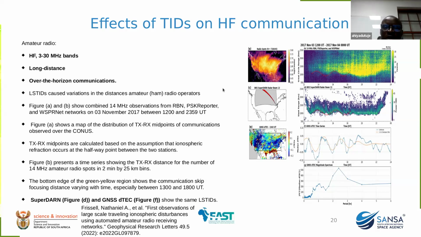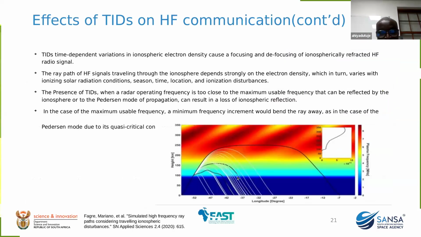You may have your radio trying to call someone, but when there is a wave passing, your signals may not reach that person, or they may break, depending on the period of that wave. Basically, how does it happen? The next slide explains how it happens. When you send the signal to the ionosphere, it is reflected back to the receiver.